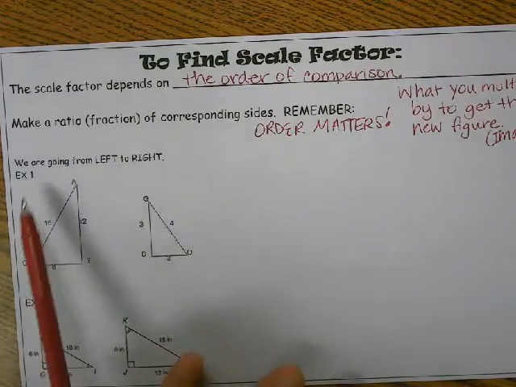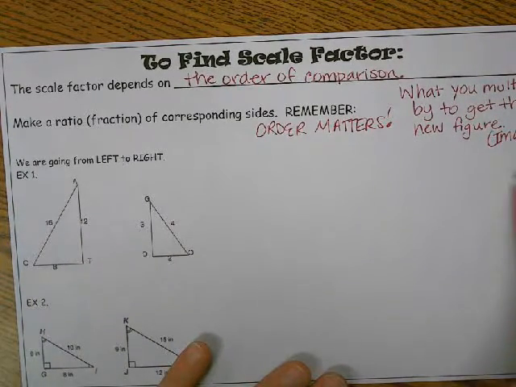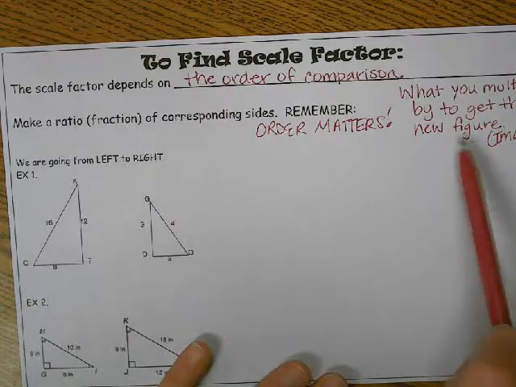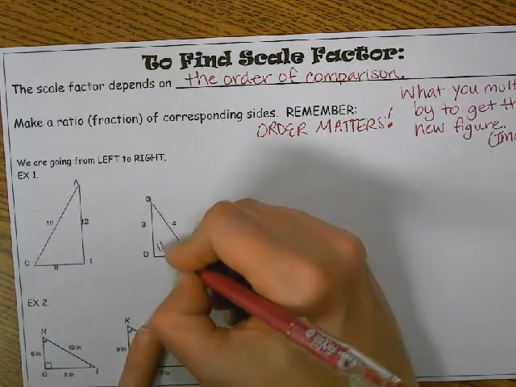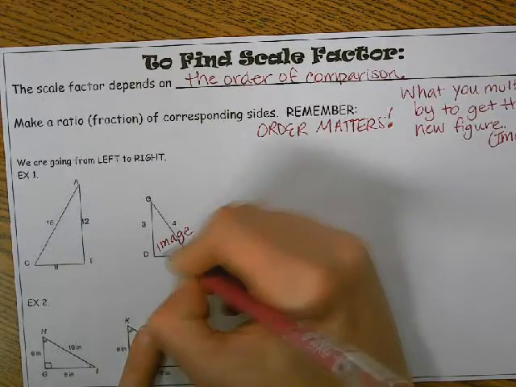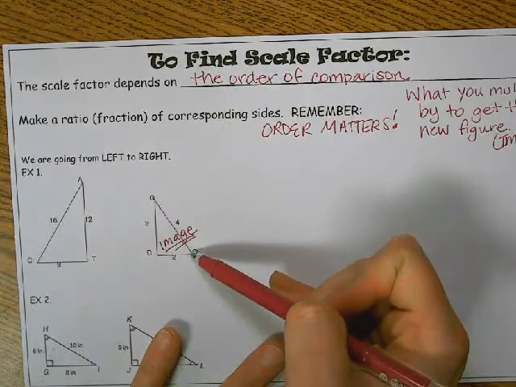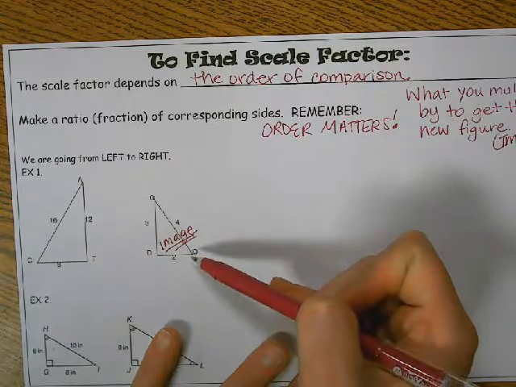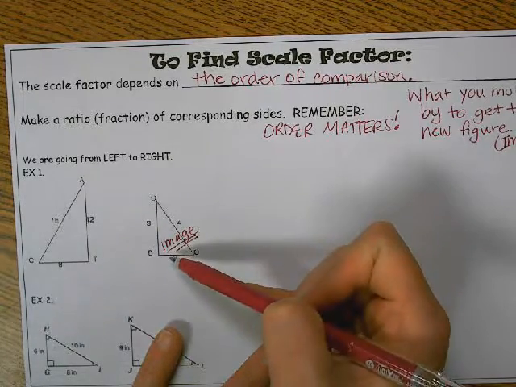One thing that I want to add is that we were talking about the image, and the image is going to be the new figure. So in example 1, we're going to call this one the image, because we're going from left to right. It's the resulting figure after I applied some scale factor.